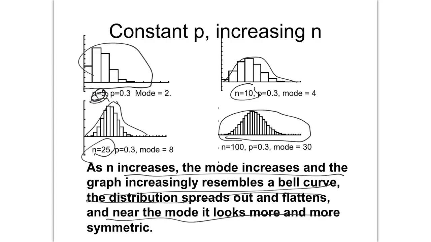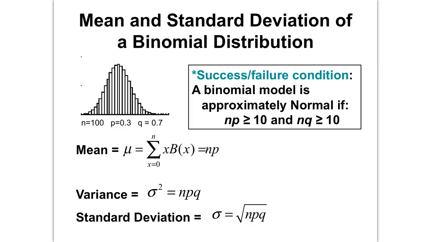And this is the critical point: we can use a normal model for a binomial distribution if np and nq are both greater than or equal to 10. So again, this is a distribution with an n of 100, probability of success 0.3, probability of failure 0.7.